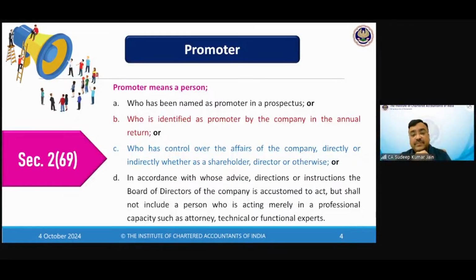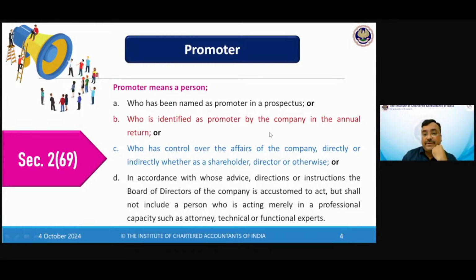Again in point number D, or in accordance with whose advice, direction or instruction the board of directors of the company is accustomed to act. Accustomed मतलब कि वो कहीं ना कहीं इनसे bound है to do according to direction of that person, but shall not include.